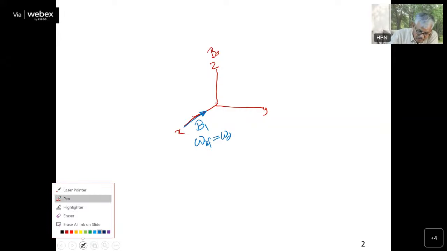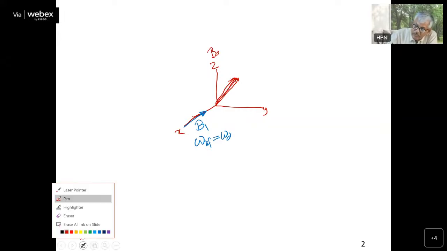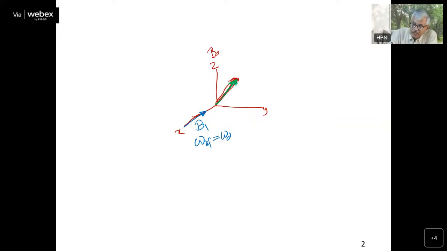Now you will see that all those magnetic moments will undergo phase coherence, and your magnetization will now be tilted.